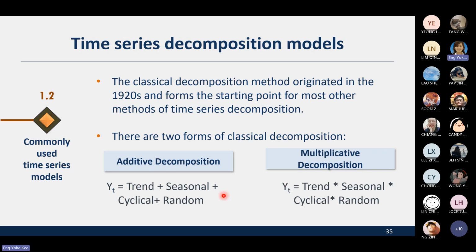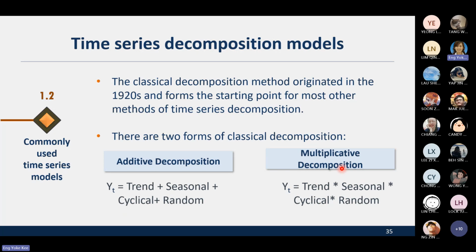Looking at the formula, when you use the additive decomposition method, you believe that each component stands independent. But with the multiplicative decomposition procedure, you believe that each component has multiplicative effects, so they are not isolated. They cannot be isolated, which means they are dependent on each other. If one is big, the impact will carry over and make the Y even bigger.